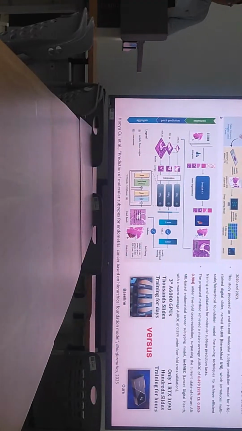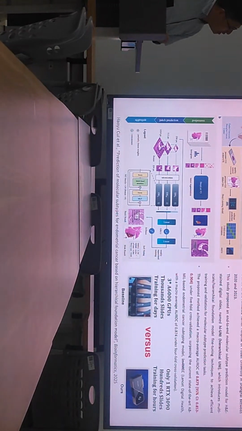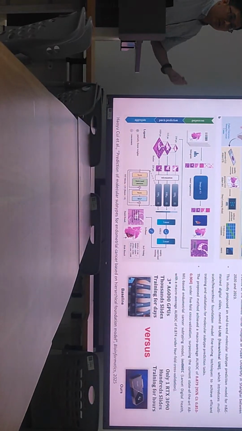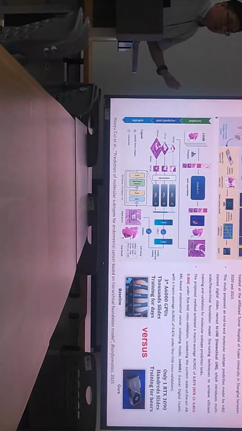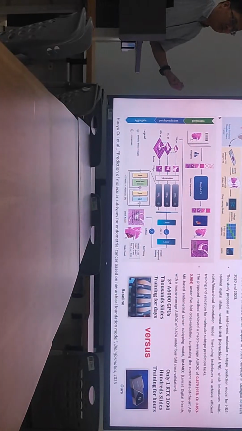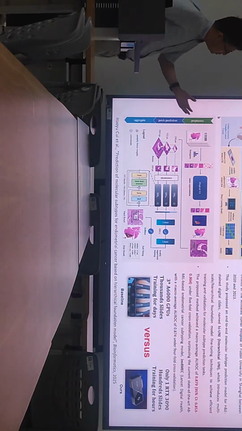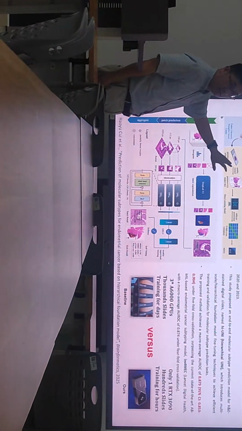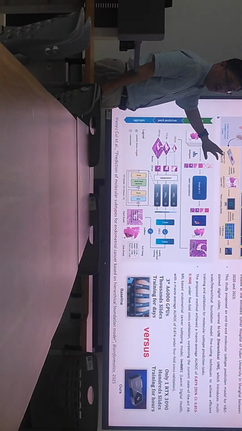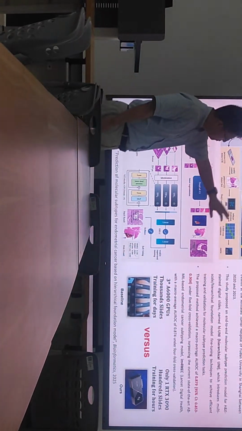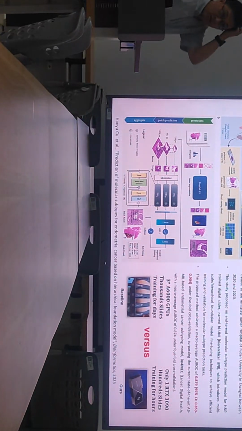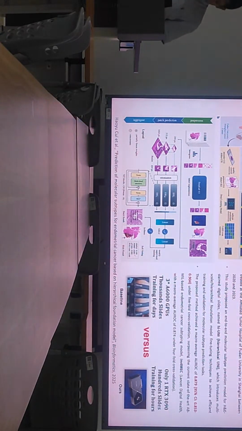We can also use machine learning to analyze the molecular cell type. Actually, this normally needs molecular information to get the molecular cell type. However, we can use these regular glass slides in the hospital to predict the molecular cell type of patients.